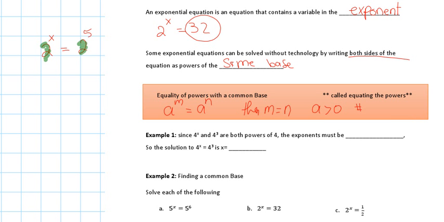The reason is, if a is equal to 1, 1 to the power of 100 or 1 to the power of 10 is going to be 1. So 100 and 10 are not equal to each other. That's why a cannot be equal to 1.